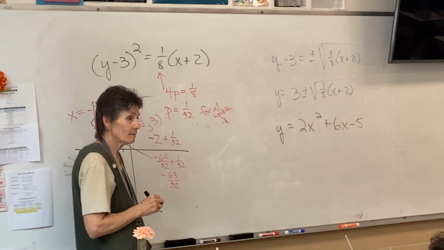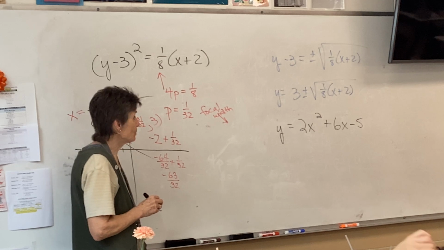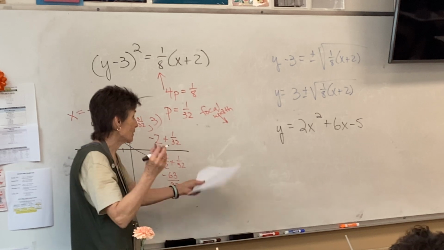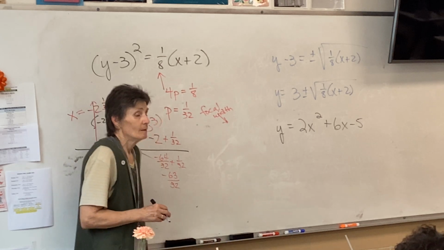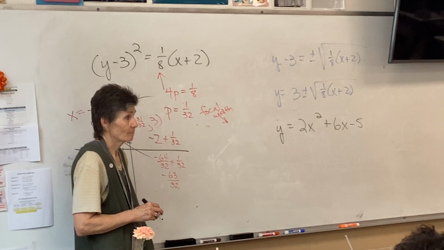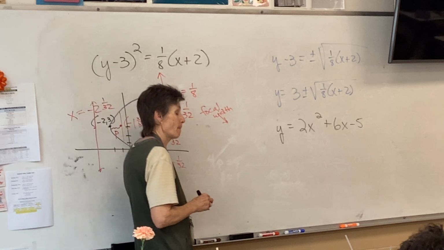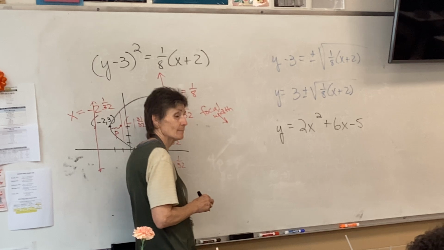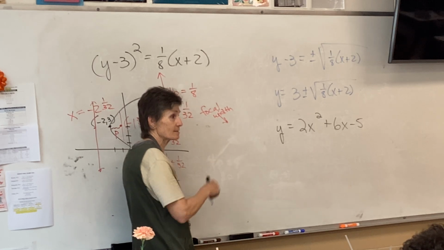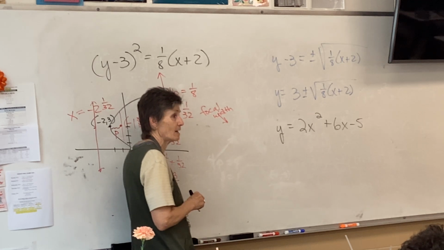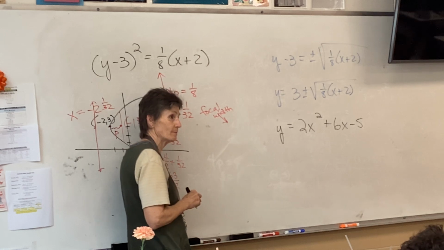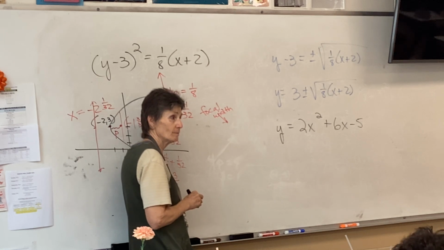What do we do? Well, I don't know. What's your thought? You can't square root it. Nope. We've got to find the vertex and focus and directrix and all that stuff, and the equation does not look right. It doesn't look right at all.